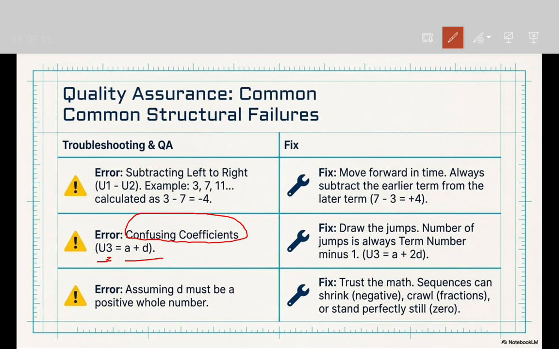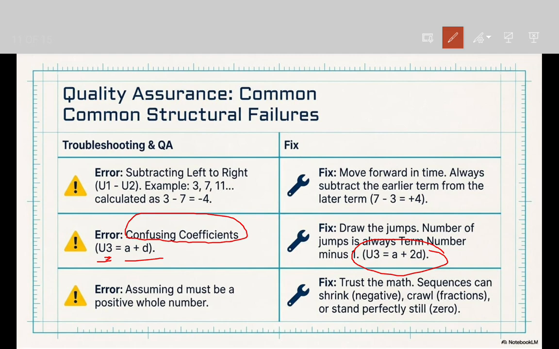If the position is 3, the coefficient of D must be 1 less than that number. So the third term is equal to A plus 2D. Good.